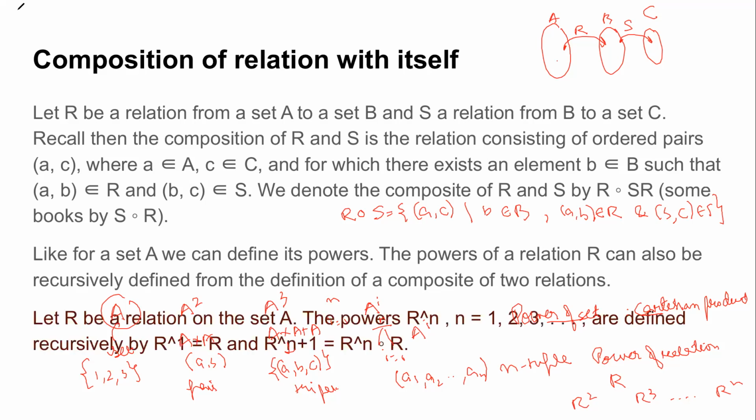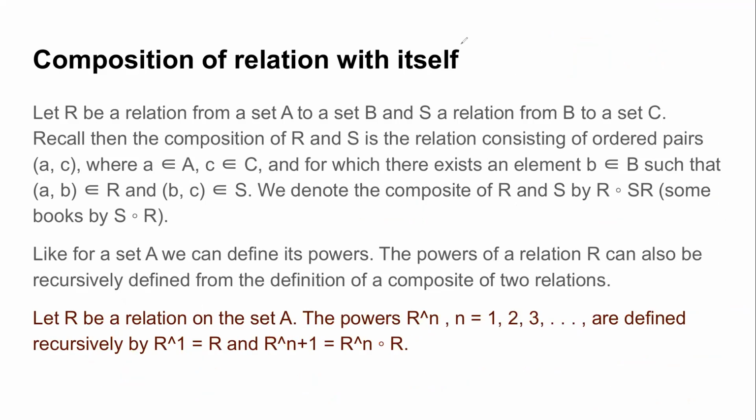Okay, so in general we have the following. If you want to find Rn power, R1 is R. In general, if you want to find Rn plus 1 power, it is simply the composition of Rn with R. So if you want to find R square, it is R composition R. If you want to find R cube, it is R square composition R, and so on and so forth.